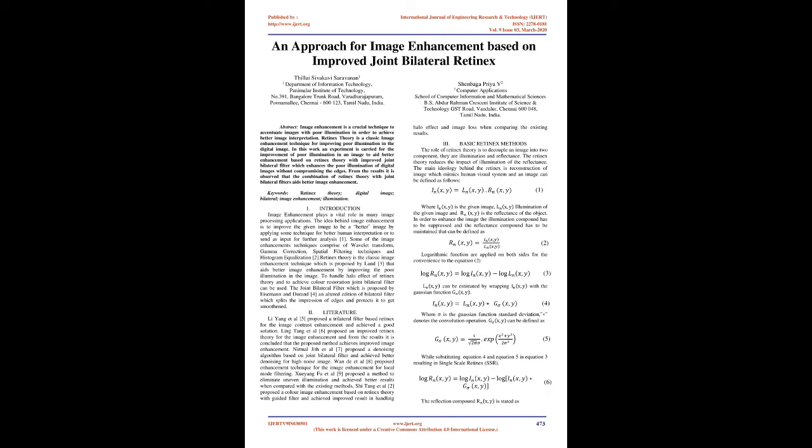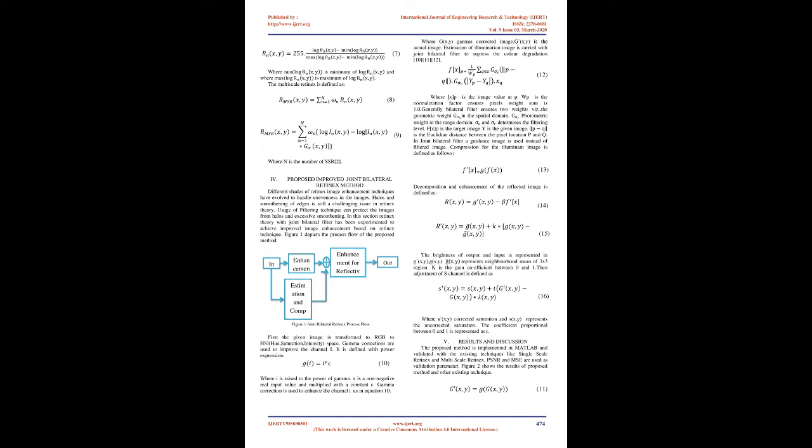The main ideology behind Retinex is reconstruction of an image which mimics the human visual system, and an image can be defined as follows, wherein I(x,y) is the given image, L(x,y) is the illumination of the given image, and R(x,y) is the reflectance of the object. In order to enhance the image, the illumination component has to be suppressed and the reflectance component has to be maintained.